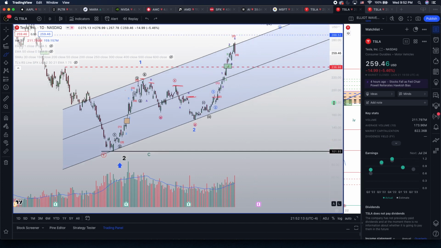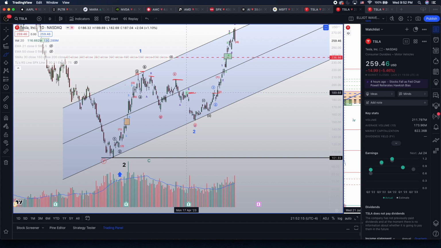Now you guys can see I have those same levels marked off. We have a B over here, we have an X over here, we have a B over here, and we have our fifth wave for this larger first.